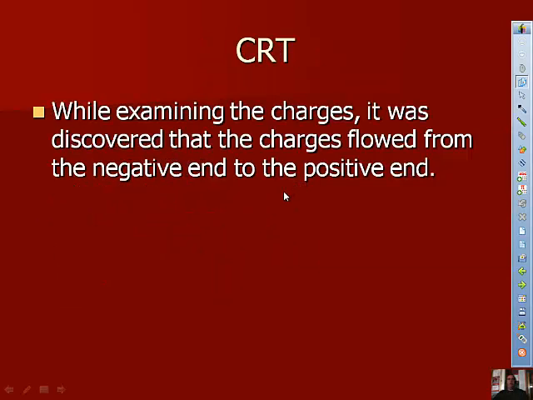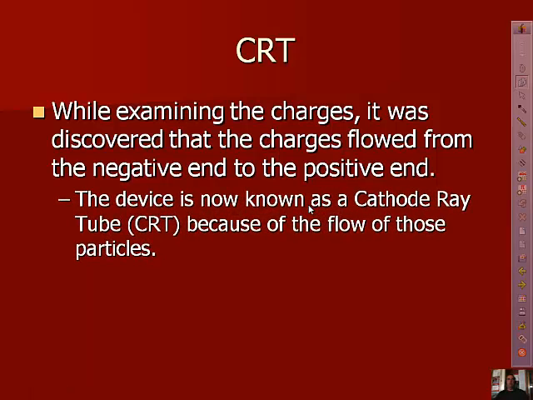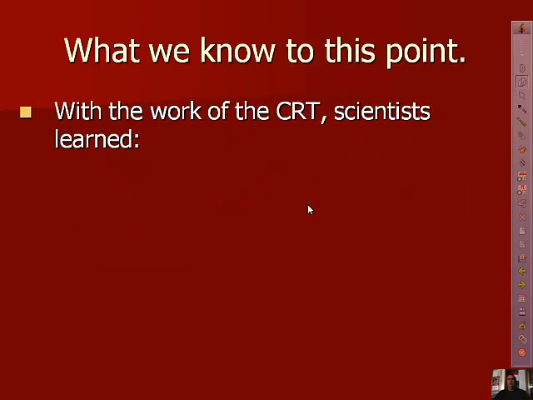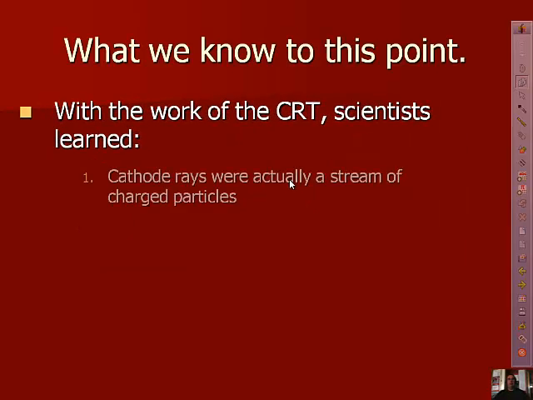While examining these charges, as I drew on the diagram, it was discovered that these charges always flowed from negative to positive. So always from the negative terminal towards the positive terminal. And that's the reason why it's called a cathode ray tube. Those rays start at the negative end or the cathode end and travel towards that anode end or the positive terminal.